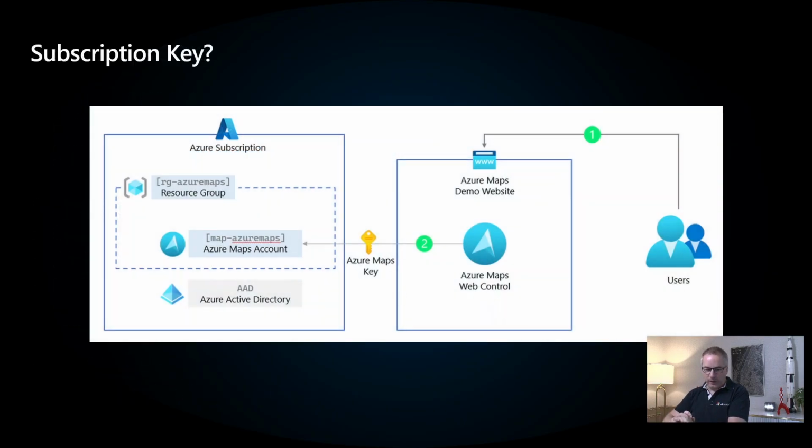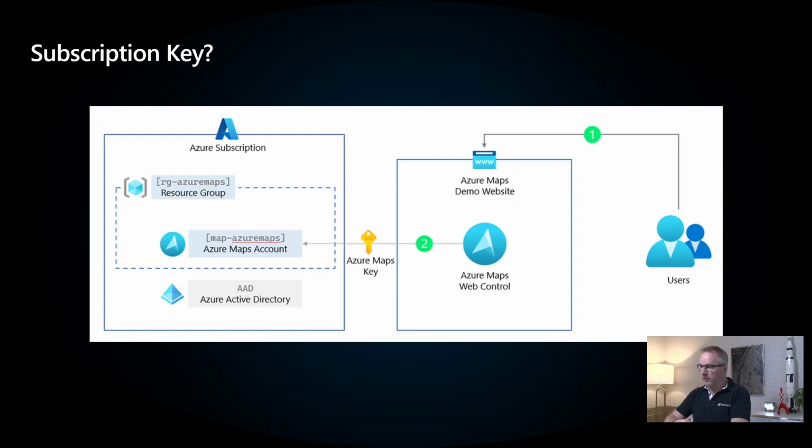Now, subscription key, I mentioned it multiple times. That is also the same thing that you may be using for Bing Maps for Enterprise. That is basically the Bing Maps version of our enterprise suite of mapping products, which we are now unifying with Azure Maps. So in the future, we have only Azure Maps available for our enterprise developers.